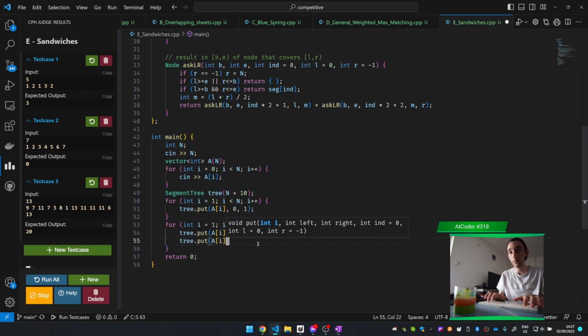Tree put a of I minus 1, I will add to the left side.